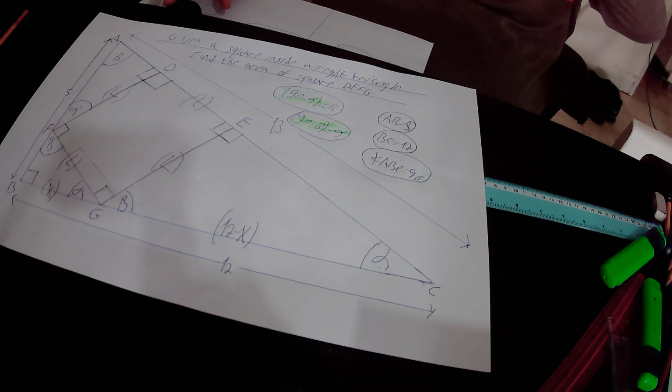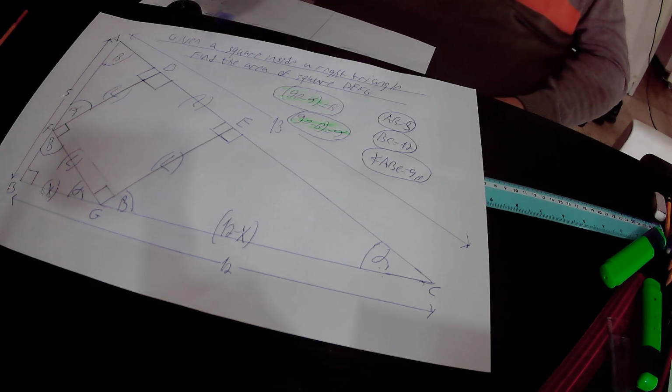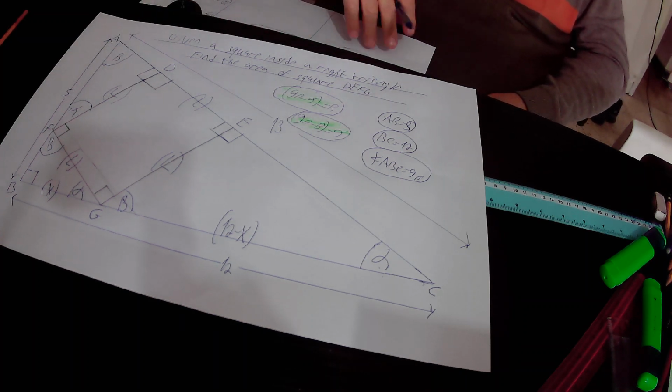According to the Pythagoras theorem, in any right triangle, the square of the hypotenuse equals the sum of the squares of the perpendiculars. So the hypotenuse in the right triangle ABC is AC, therefore the square of the hypotenuse is AC square, and AC square must be equal to AB square plus BC square.